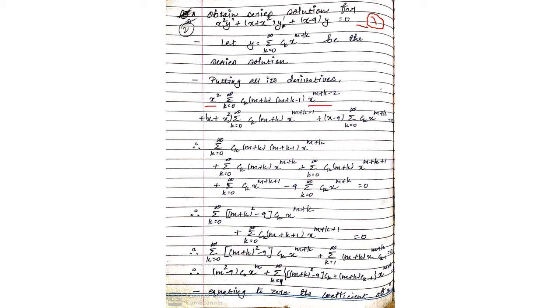So that will be x raised to m plus k only. Same here, x into this whole term: x raised to m plus k minus 1 plus 1, so that will be only x raised to m plus k, plus x square into this one, so that will be x raised to m plus k plus 1.